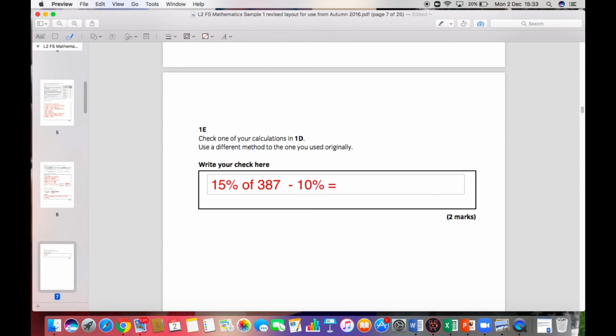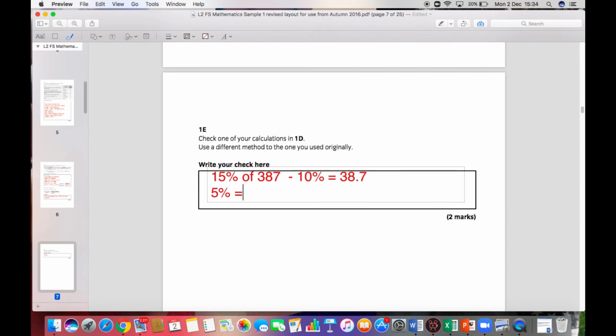So 10% equals 38.7. If you've not watched the videos on finding percentages, please go back and do that. When I find 10% of a number, I just move the decimal place one space. Then, rather than doing my calculation like I did before, if I found 10%, I can find 5%.